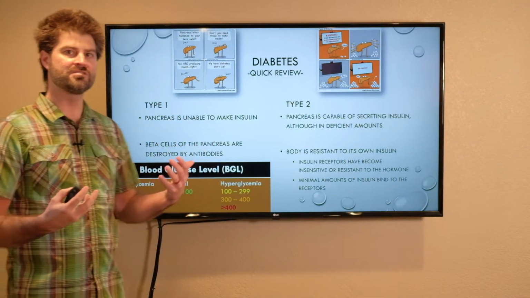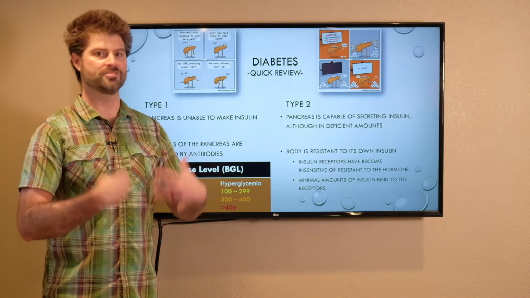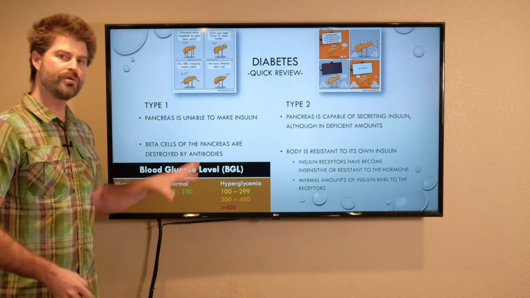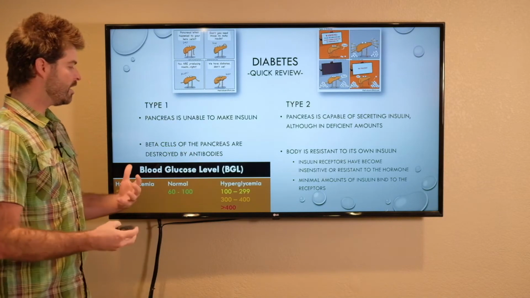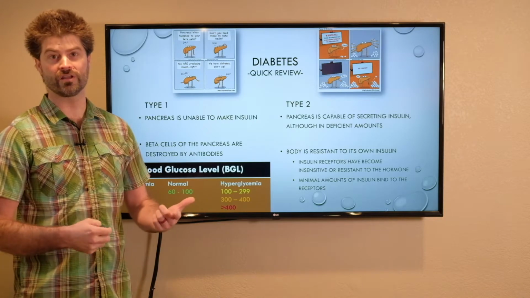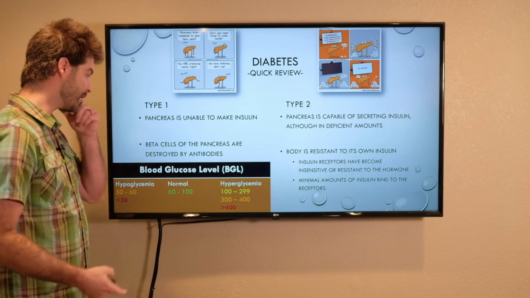Real quick, the reason this is important is because insulin is important in transporting glucose into cells to make it usable for regular metabolism. Just to review our reference ranges here real quick. So normal blood glucose, we're looking at about 60 to 100, and this is off our point of care testing, so our finger stick testing for glucose monitoring.